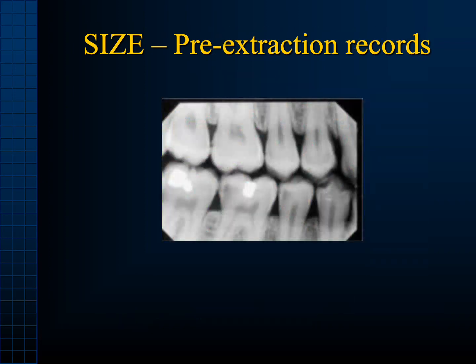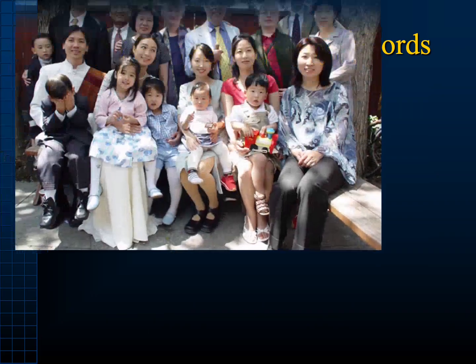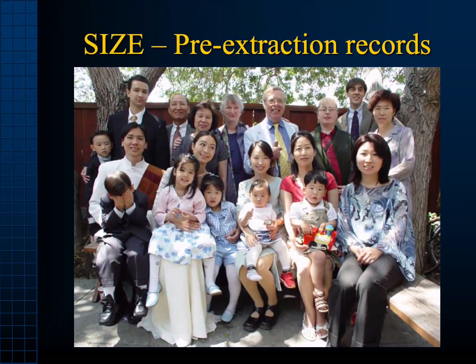Even pre-extraction radiographs can be used as an element for determination of the correct size of artificial anterior teeth. Family photographs can be used in situations where the patient is comfortable selecting the teeth size from their relatives.